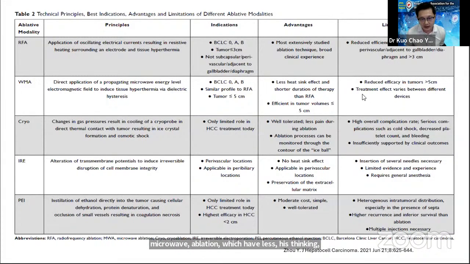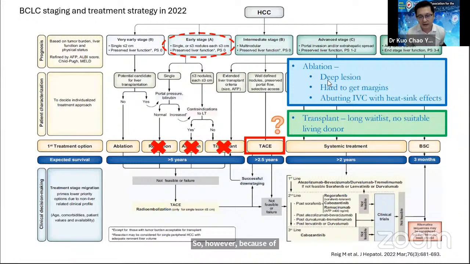It's still efficient for tumor volume less than 5 centimeter. However, because of the concern of a deep lesion, hard to get the margin, they think that it is not the preferred option.